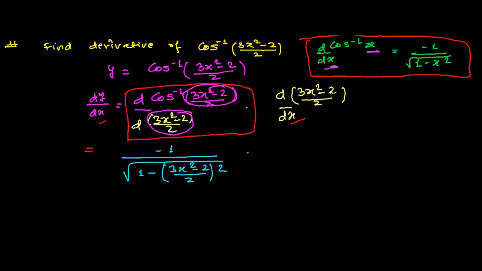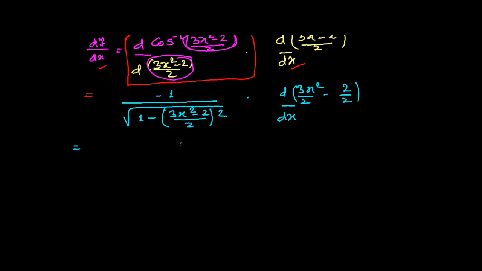And now the derivative of (3x squared minus 2) by 2. We can differentiate like this: we can separate it, the derivative of 3x squared by 2 minus 2 by 2, with respect to x. So further, what you'll get is minus 1 over the square root of 1 minus (3x squared minus 2) whole squared, and I'm squaring this 2 in the denominator, so it will be 4.